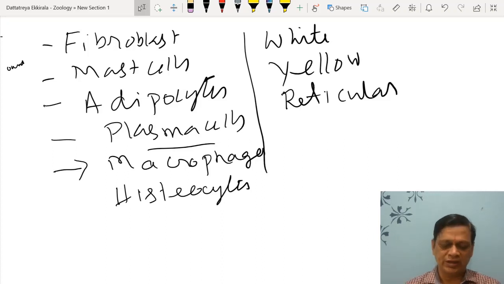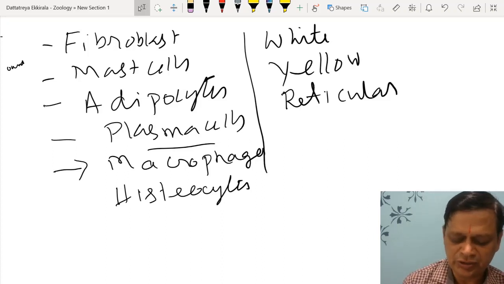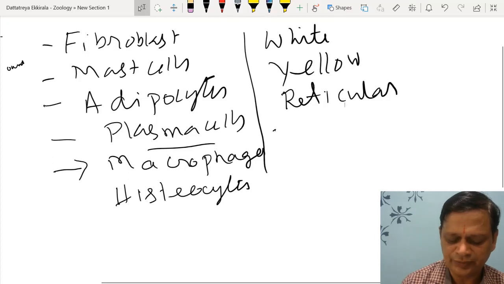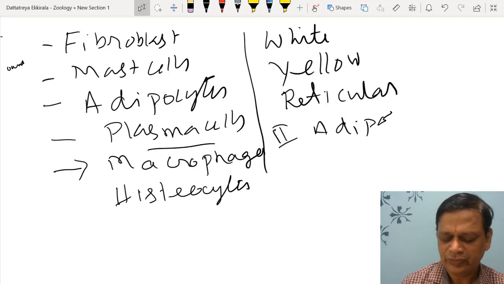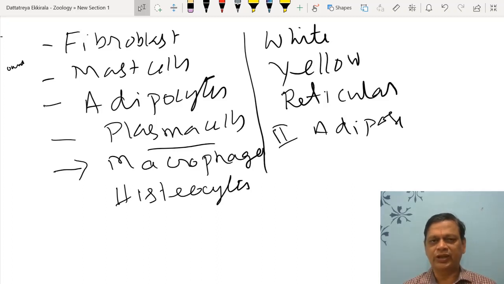Adipose tissue, the second variety of connective tissue proper, is adipose. We can see this adipose tissue in the inner parts of skin, below the dermis. In whales and dolphins, a thick fatty layer called blubber is present.